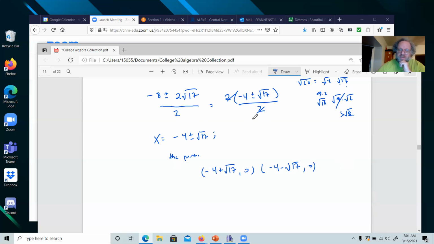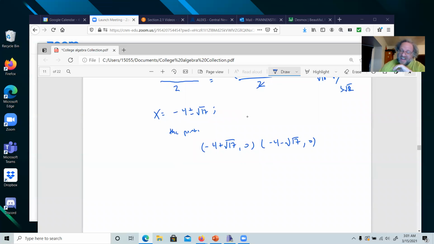Now, again, if you want to be a math teacher, okay, I know everybody wants to be. Root 17 is a little bit bigger than 4 because root 16 would be 4. So -4 plus something a little bit more on the positive side is going to be a positive number, 0. And then -4 minus another 4 is like -8-ish, 0.